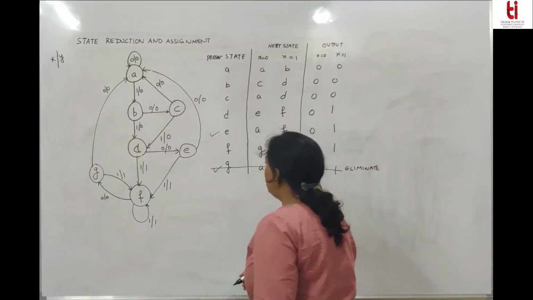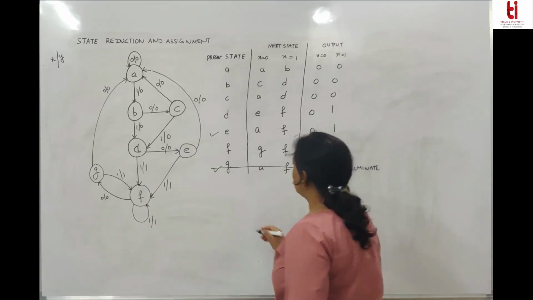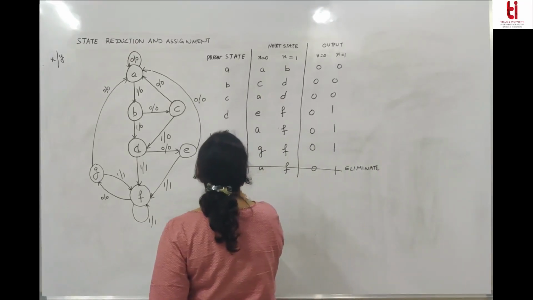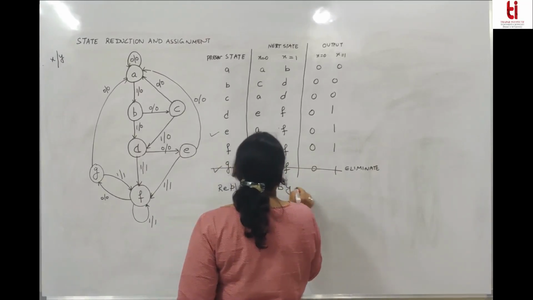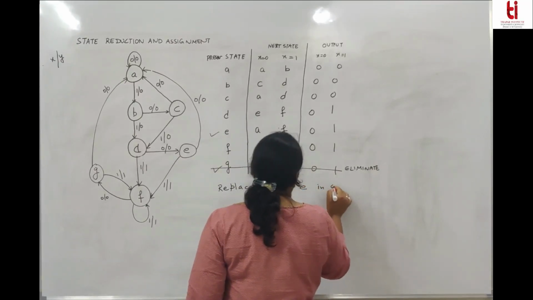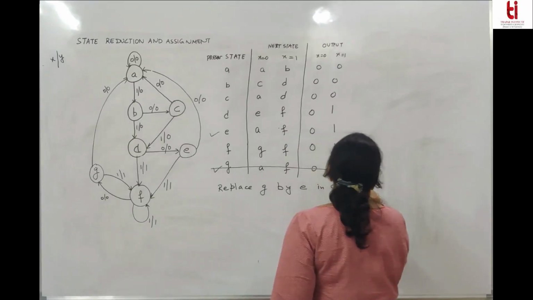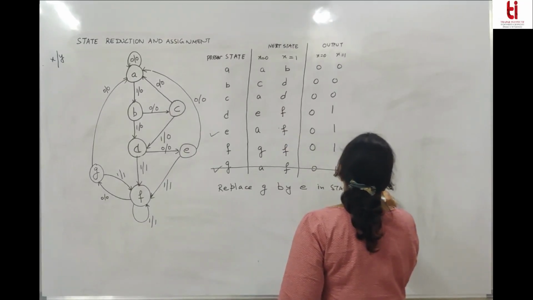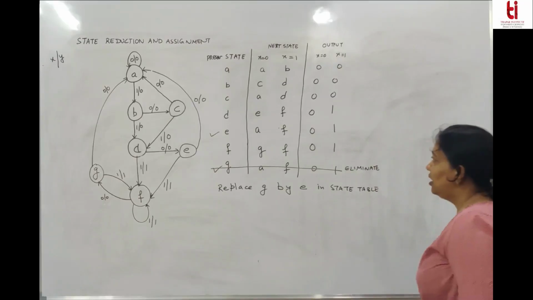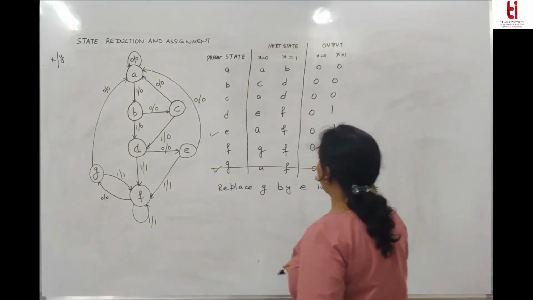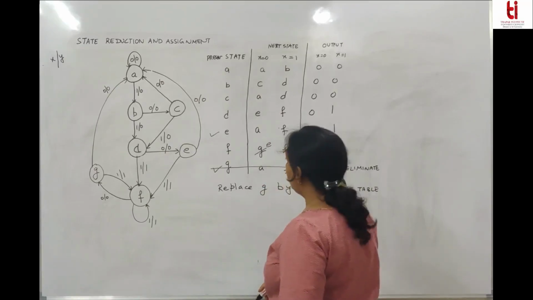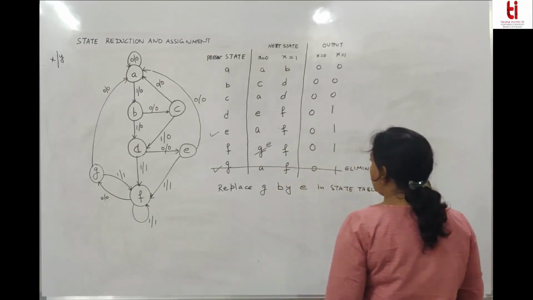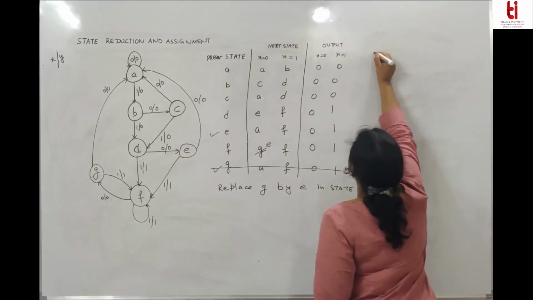That means replace G by E in the state table. Wherever you have G, replace by E. So we get this. If you see this, your table now reduces.